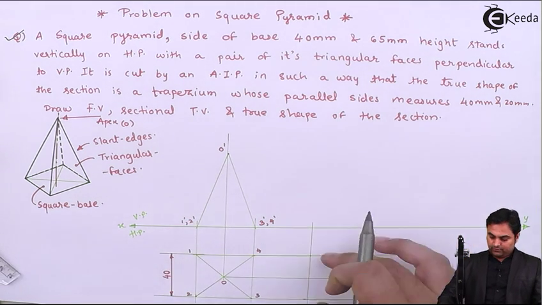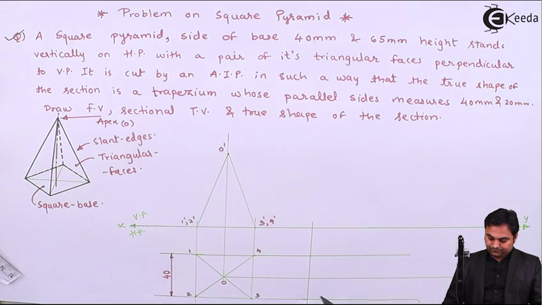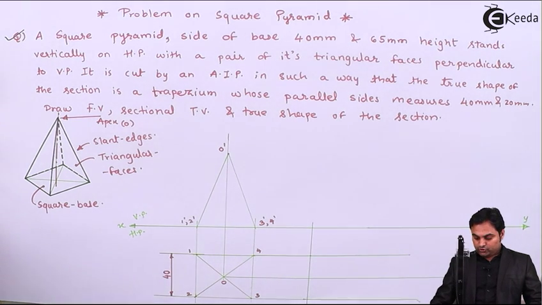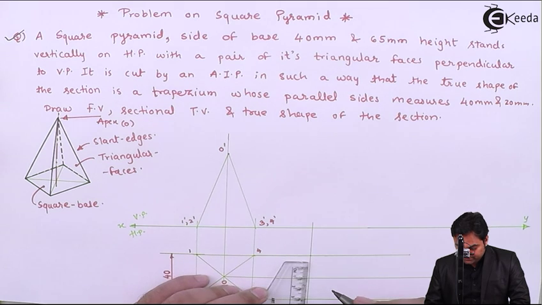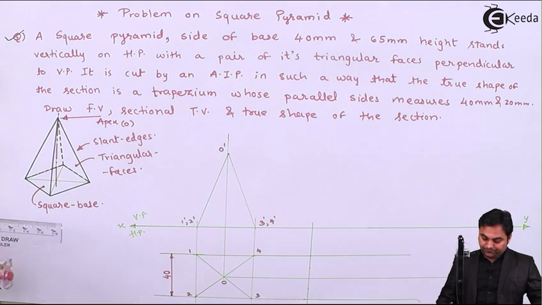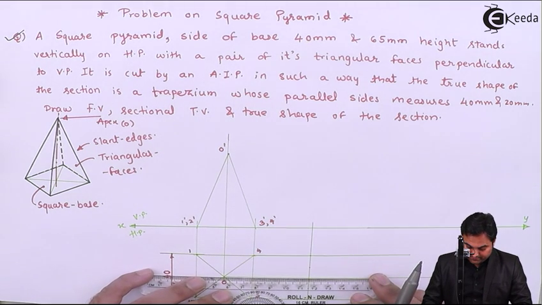Projecting it back, suppose I get it at 1 and 2. Next, the other side is 20, so even 20 will be measured over this, taking 10 mm on both sides from the center. So this gives me 20. Now this will be projected back again.